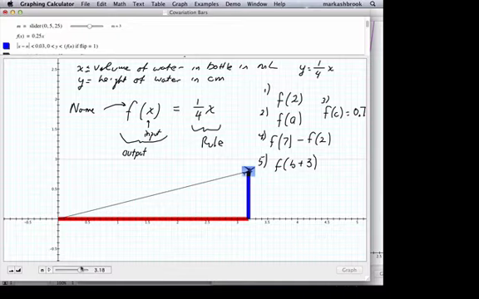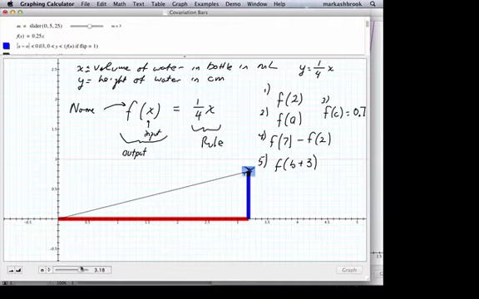All right, how'd you do on number 1? Can you explain what F of 2 is? She said the height in centimeters when the volume is 2 milliliters. Perfect.